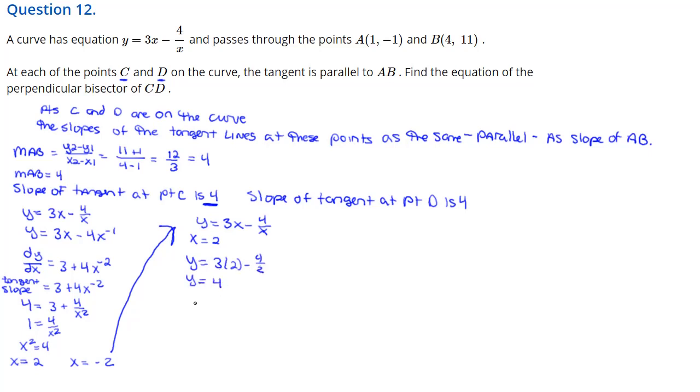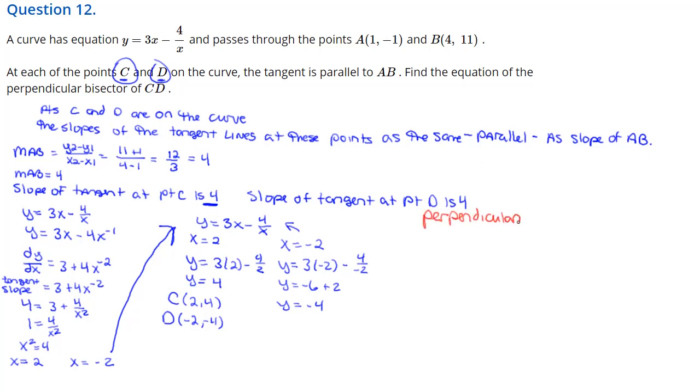Remember, if I want to find points, I plug them into the original equation. So one of the points is going to be (2, 4). And then the other point, if I plug a negative 2 into the original equation, is going to give me a y value of negative 4. So my 2 points are (2, 4) and (-2, -4). Those are the points C and D.